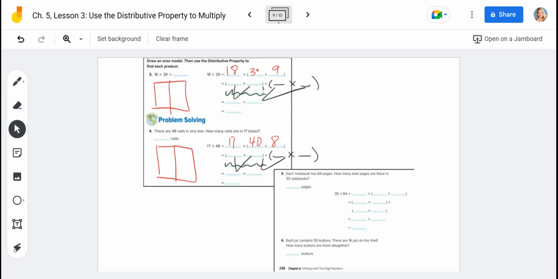All right. And number 5, same thing. Got to draw your area model. Let's squiggle that out. Here and here. Area model. We are going to decompose 64 on this one.